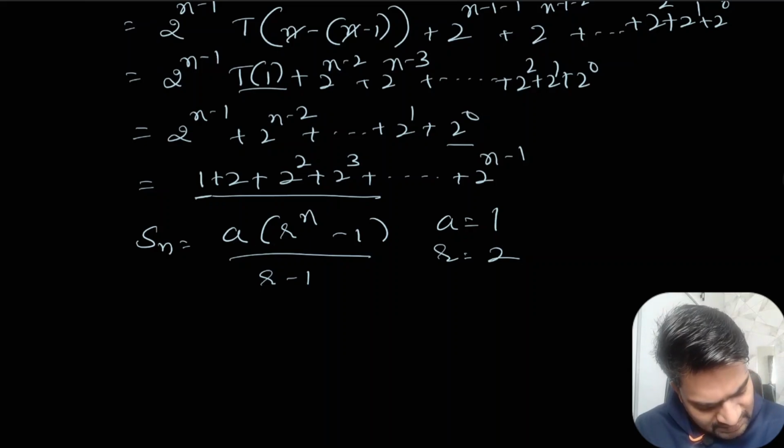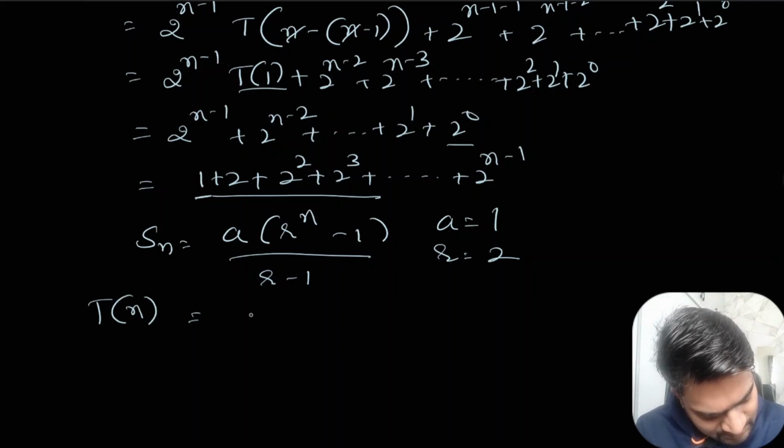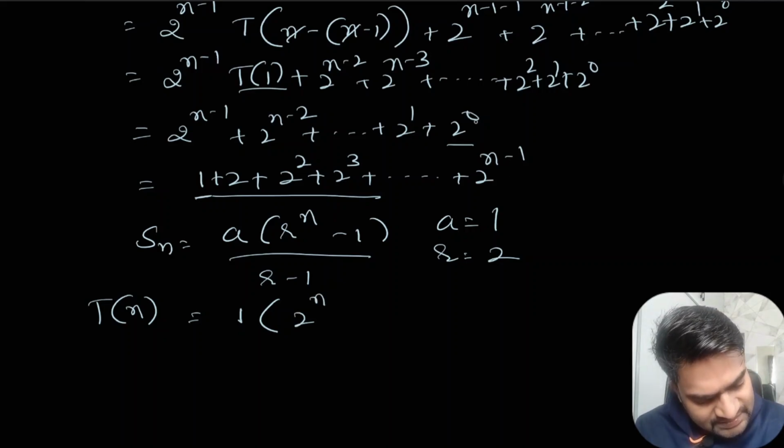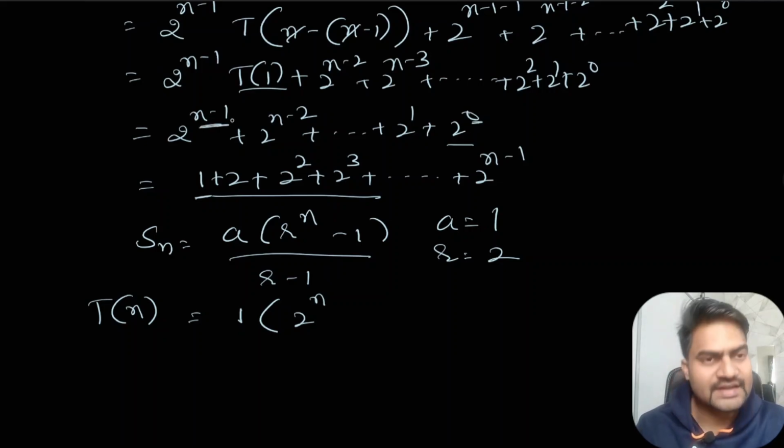So now what we can do, we can write this T of n. So we can simplify this. a will be 1 into r is 2 to the power n. So basically here it is starting from 0 and it is ending at n minus 1, so it means there are basically n terms.